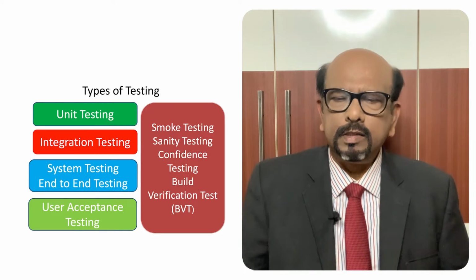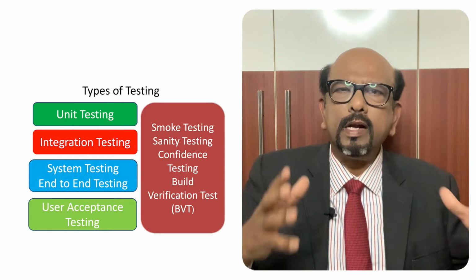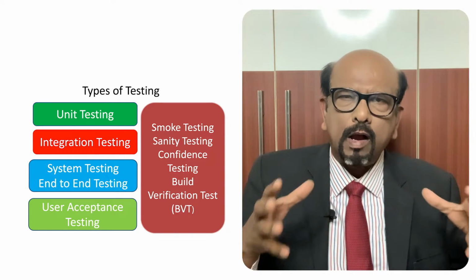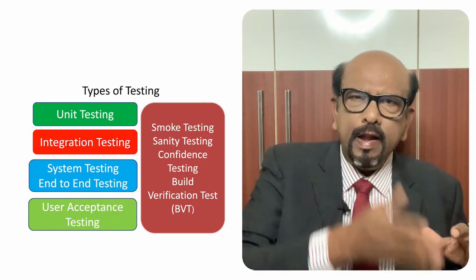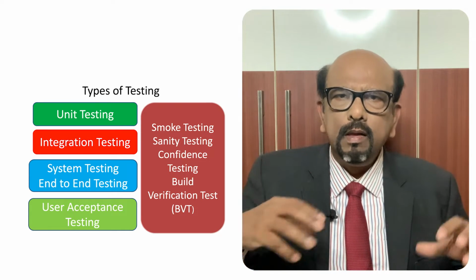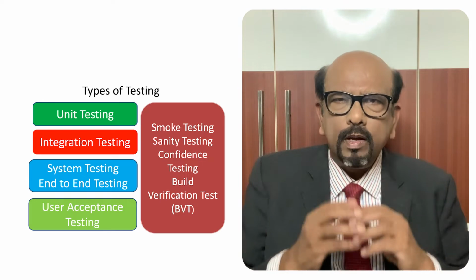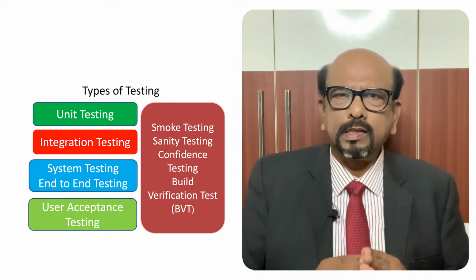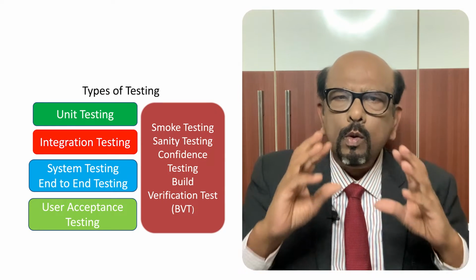In the software development process, normally there may be hundreds of developers working on a complex project. So the entire system will be divided into smaller systems, and each system will be developed separately. Now, one programmer will be given a particular task. He will develop the code and do something called unit testing.